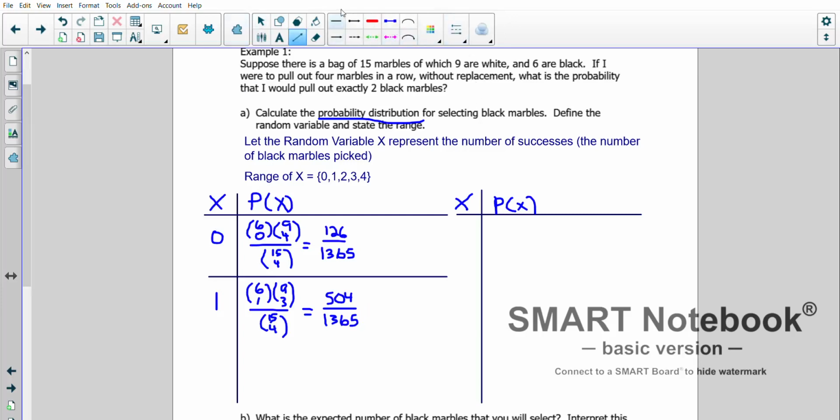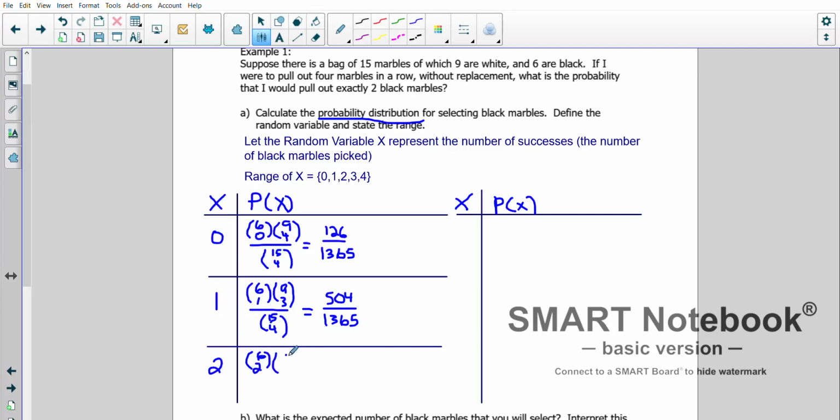If I was really savvy at this, I'd be able to fast forward this part. It's my first time doing this, so we'll just have to work through it. Luckily, we're only picking 4 marbles, though. So, the probability of picking exactly 2 black marbles. Well, there's 6 black, so 6 choose 2.